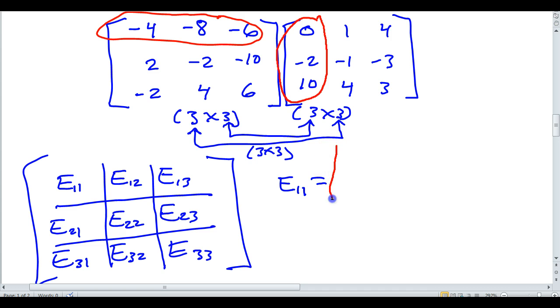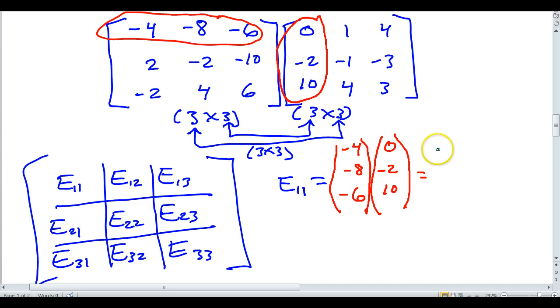Okay, so row 1 is -4, -8, -6. And then column 1 is 0, -2, 10. If I put all that together by multiplying, I'm going to get 0, 16, and -60.